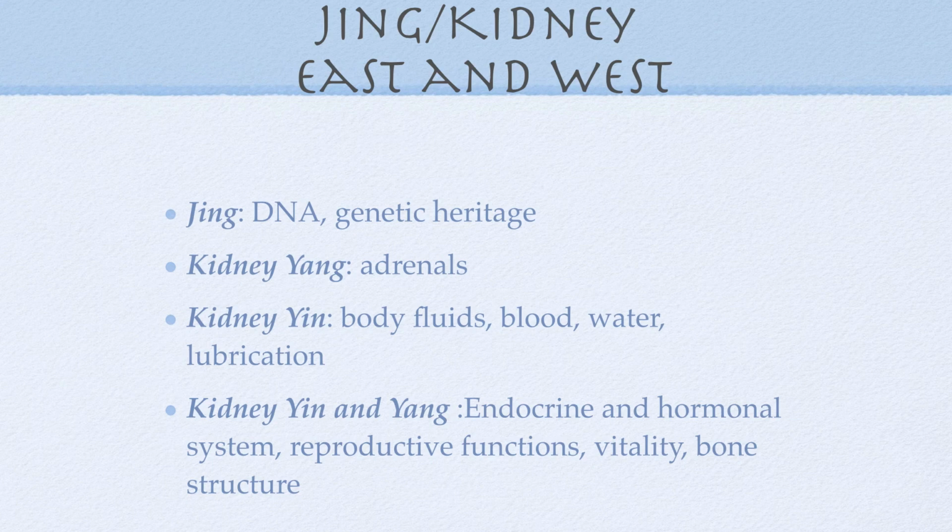So for example, if you go to a Chinese medicine practitioner with osteoporosis, right away in the head of your practitioner, there's going to be a little light. Okay, Jing, kidney weakness. That's the first thing. In order to get better, that will have to be revitalized either through acupuncture, herbs, food, etc.